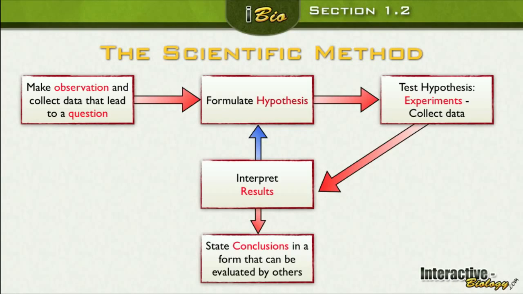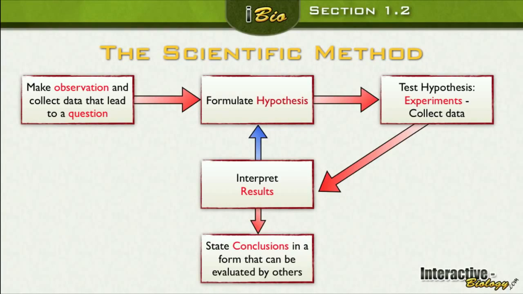And that is the full scientific method, starting with an observation leading to ask a question. Let's do this together so we can know this too. You start out making an observation, leads you to ask a question, and then you do what? Formulate a hypothesis, and then you test your hypothesis with experiments, and then you interpret your results.